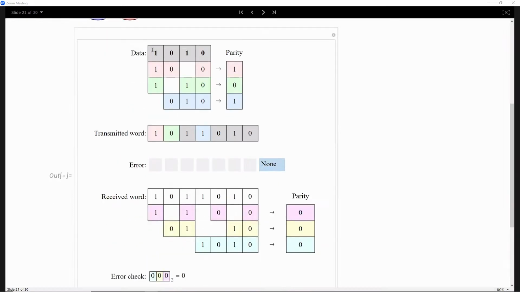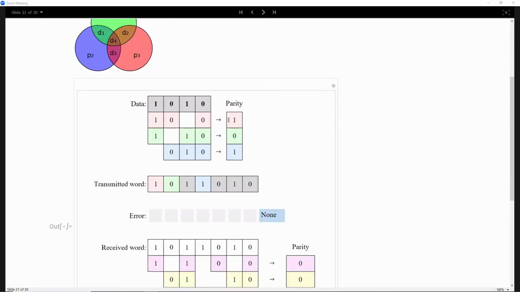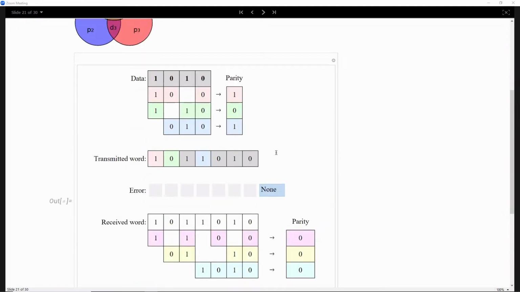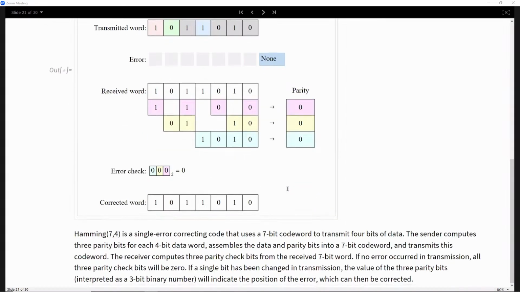We've got a set of data. We pull out 3 sets, and then we add parity bits so that the total item has 0 parity. And then when we combine everything together, we get the Hamming 7,4 code. And it is able to fix an error if it occurs anywhere in the code.